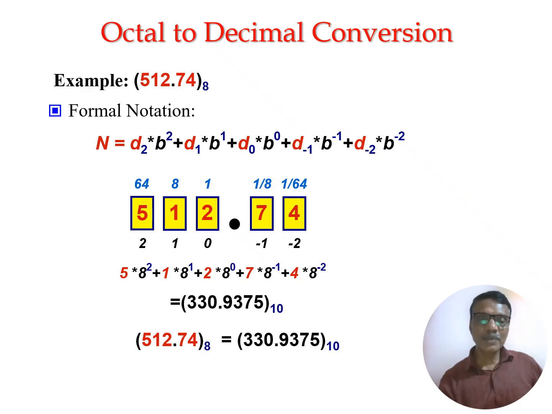So 330.9375 is the equivalent decimal number of this octal number. The octal number 512.74, its equivalent decimal number is 330.9375.